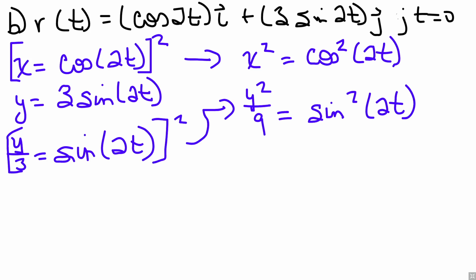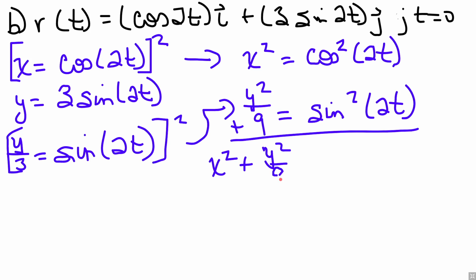Now, what do we have to do in order for that to be equal to 1? Yeah, we're going to add them together. So I'm going to add up everything on the left, and I end up with x squared plus y squared over 9.